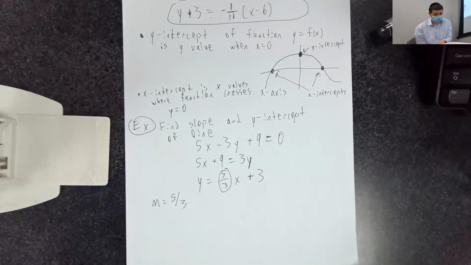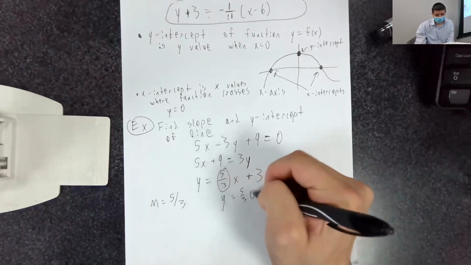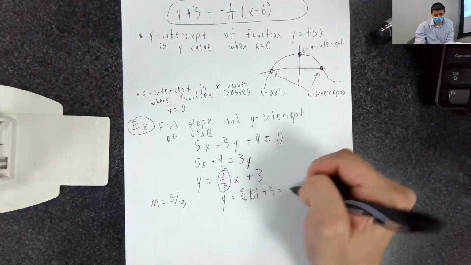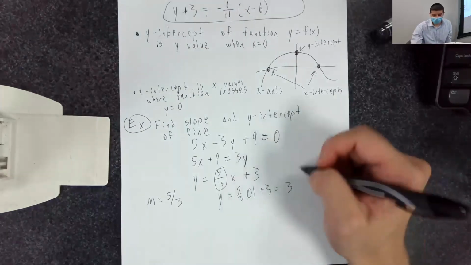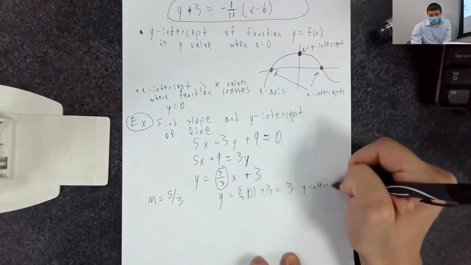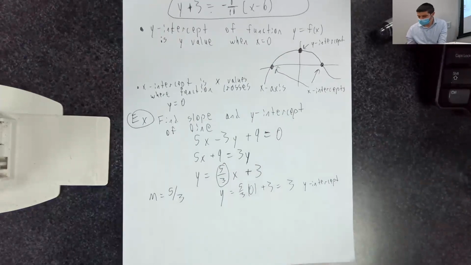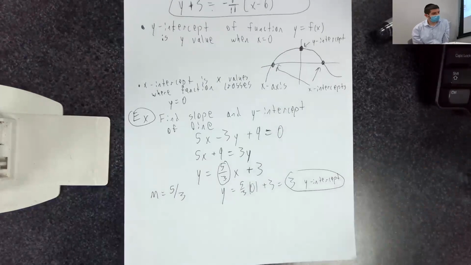The x to 0. So then y is equal to 5/3 times 0 plus 3. I'm setting the x to 0. That's the y-intercept. Very good. Questions on this?